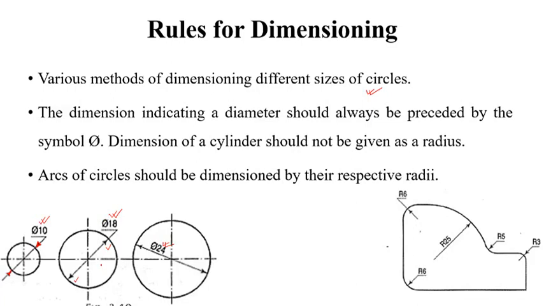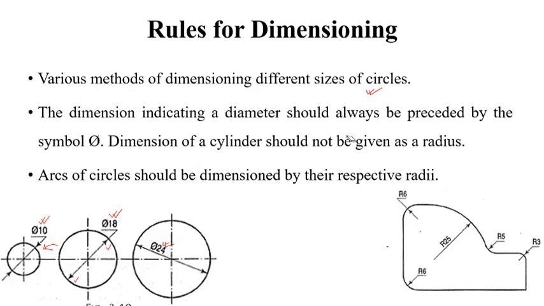Then if the figure is still smaller, if it is very small, which is not possible to place the arrowhead also, then in those cases you put the arrowheads outside and you can place the dimension figure here.